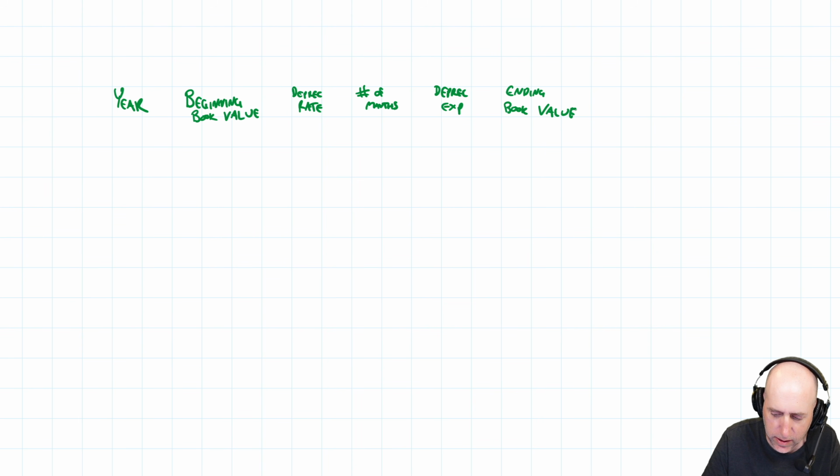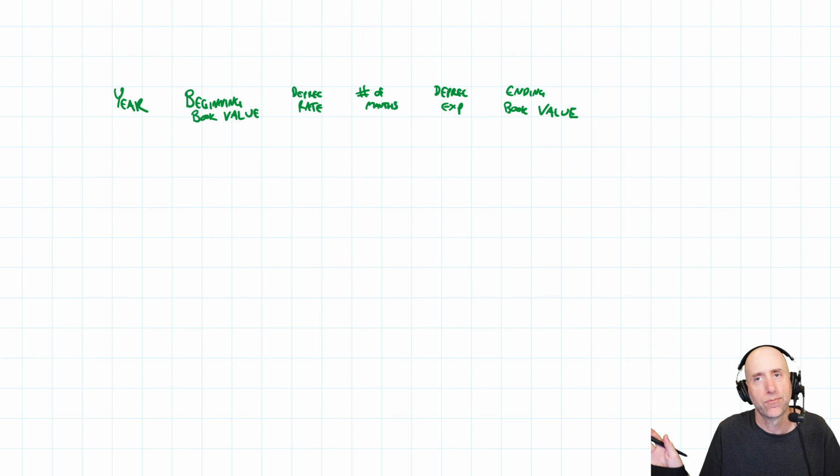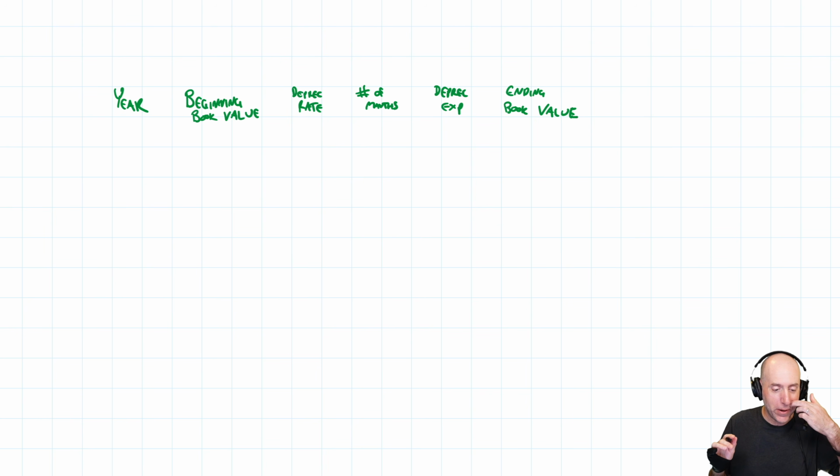I know that's a lot to sort of take in. If you can just get that, you got it made. You do. But just getting to that point can be a pain.